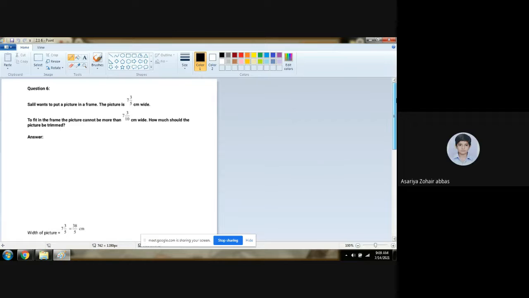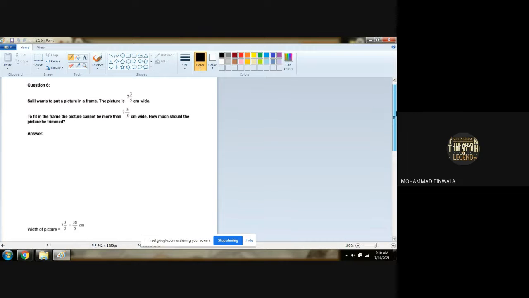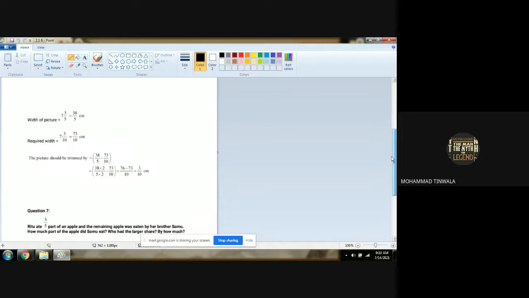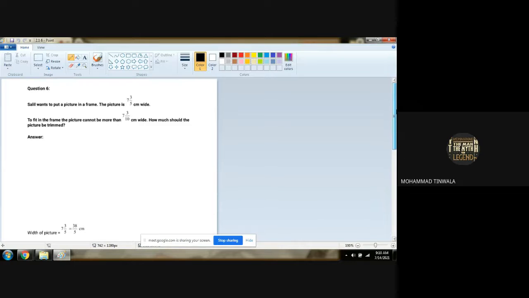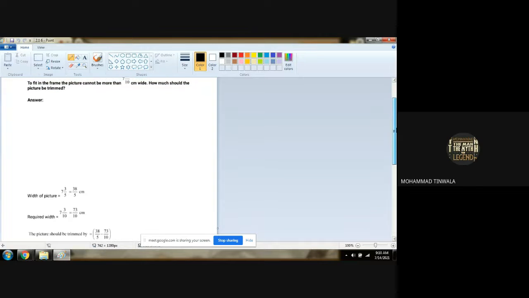How much should the picture be trimmed? So the picture is bigger than the frame, so we have to trim the picture accordingly, right? So we have to subtract. Yes or no, boys? Yes.